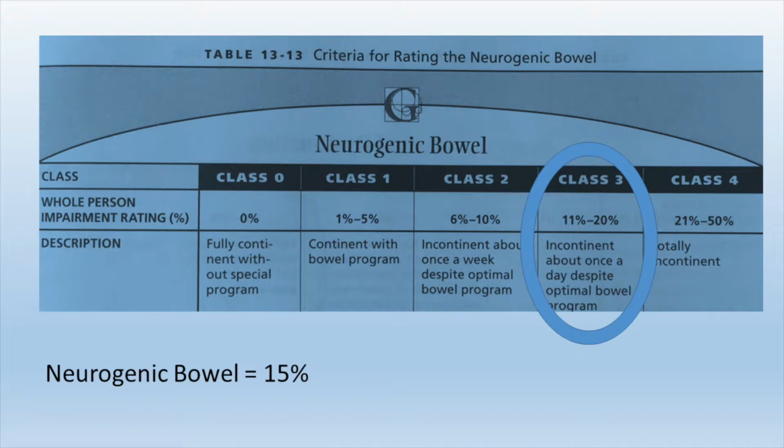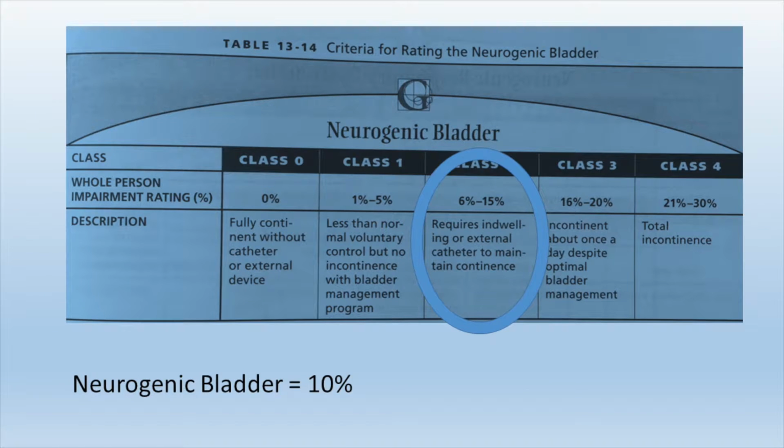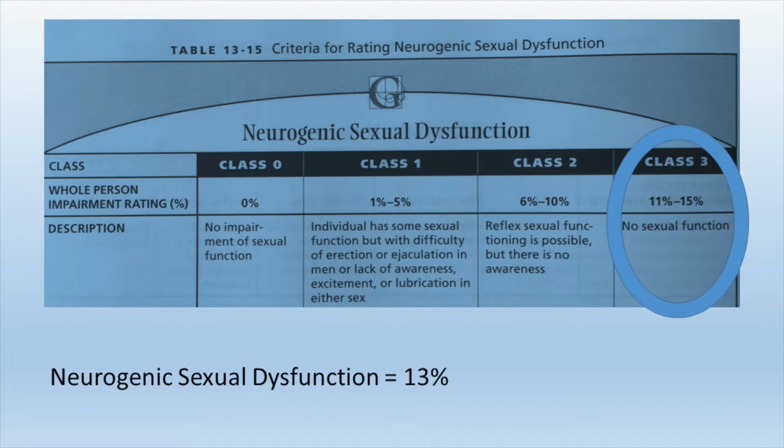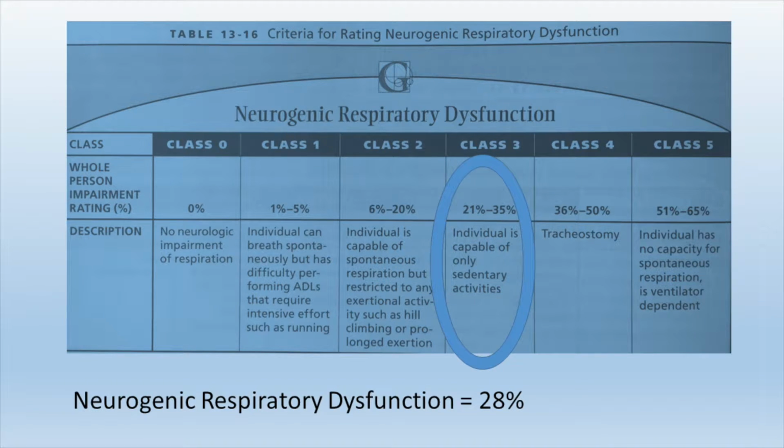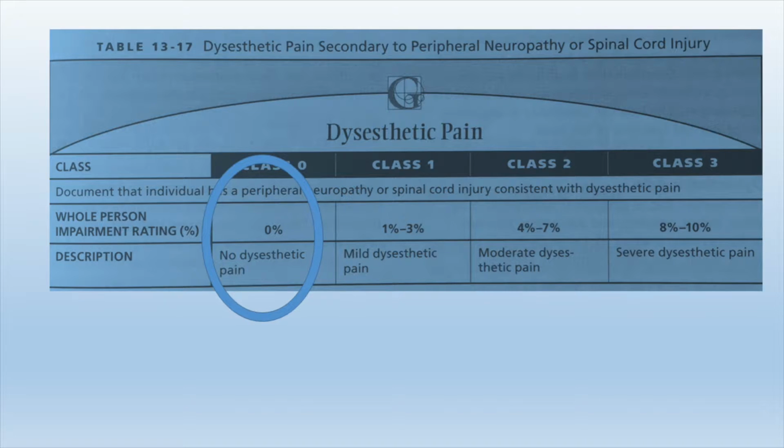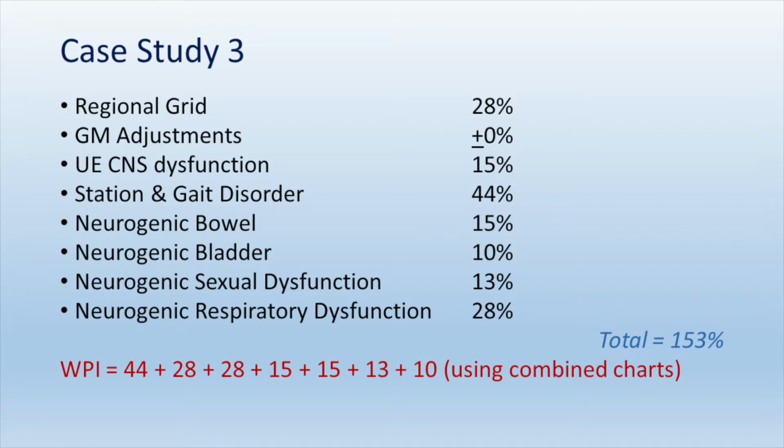He's lost bladder and bowel function, and he's lost sexual function. His respiratory system has also been affected, as he's lost intercostal function. He does not have any dysthetic pain. And if we use all these scores, we come up with 153%, which is obviously nonsense.